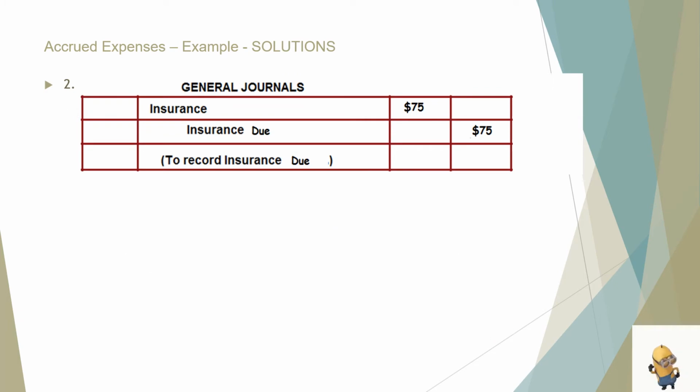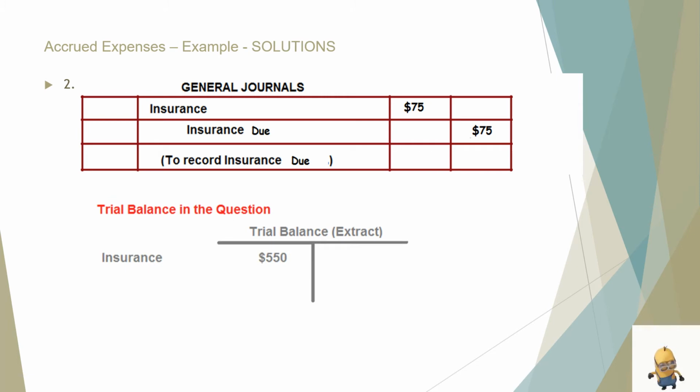We write it down onto the general journal. It looks like this: we debit the insurance account and credit insurance due, or accrued insurance. Insurance debit $75, insurance due credit $75.